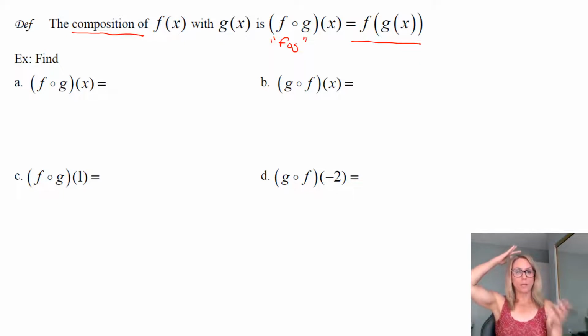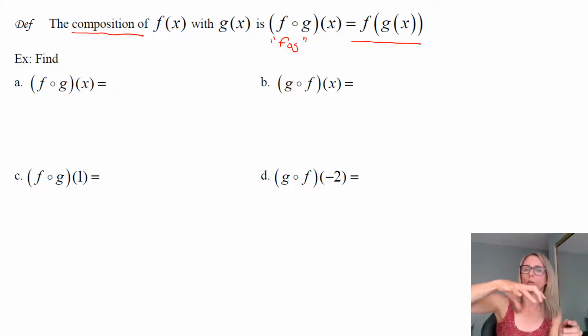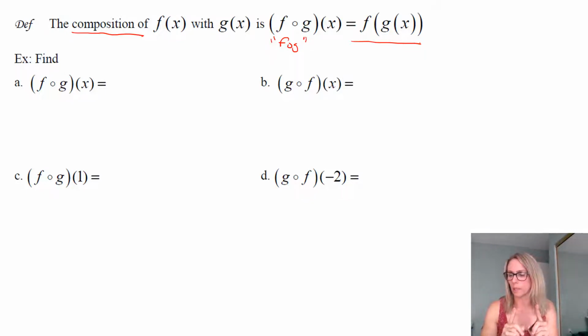And what it means is to take g of x, whatever that function is, and put it into your function f of x wherever you see x. That's the idea. And typically, f of g of x and g of f of x are not equal, typically. So we're going to use the two functions from before.